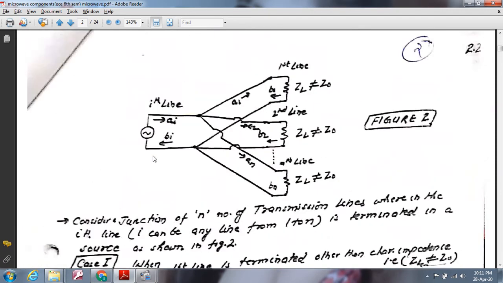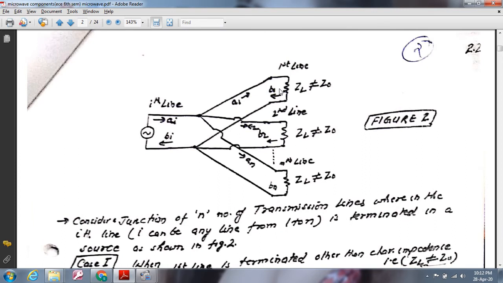Now take case number 2. In the same diagram, if we assume that instead of the first line only, all other lines, line number 2, line number 3, line number 4, all the lines are connected at a load which is not equal to Z0, that is ZL is not equal to Z0 in all the lines, then what will happen?